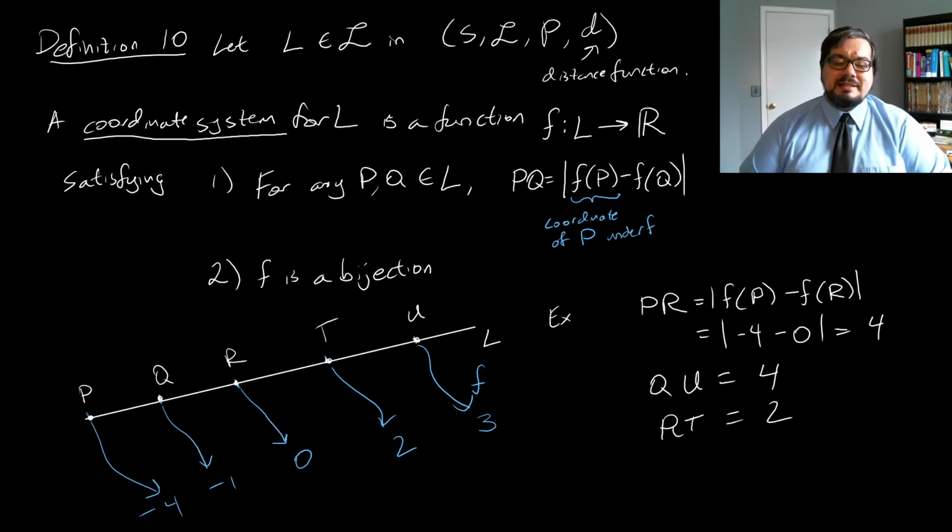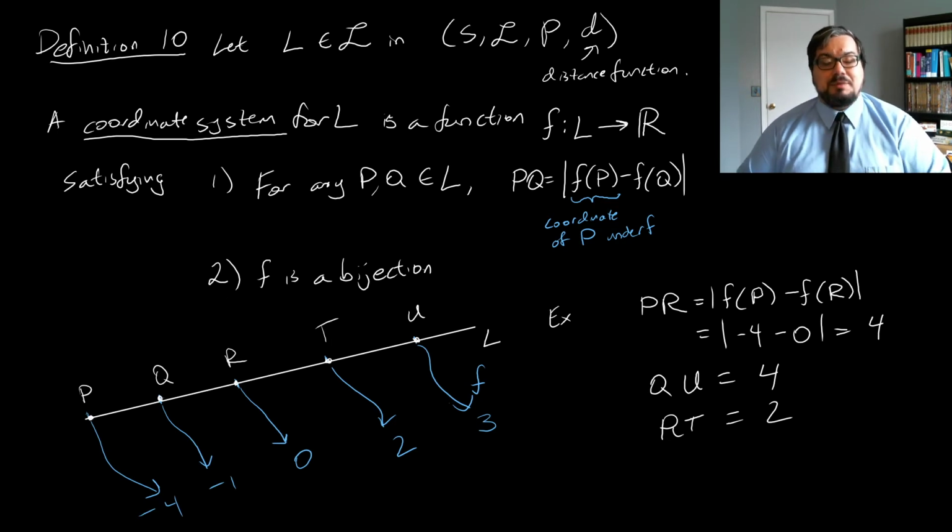Part 2 says that f is a bijection, and this is really rather huge. It does mean that lines with coordinate systems have a lot of properties that arbitrary lines back in incidence geometry did not have. The biggest one is probably the fact that any line with a coordinate system has to have infinitely many points.